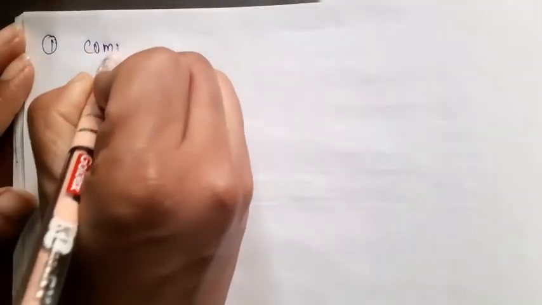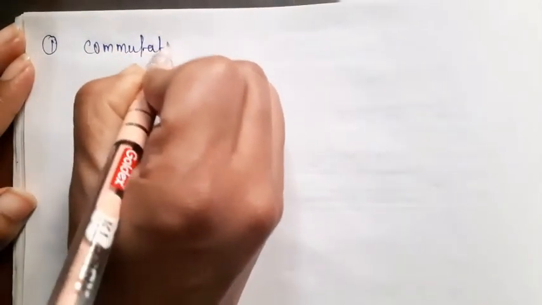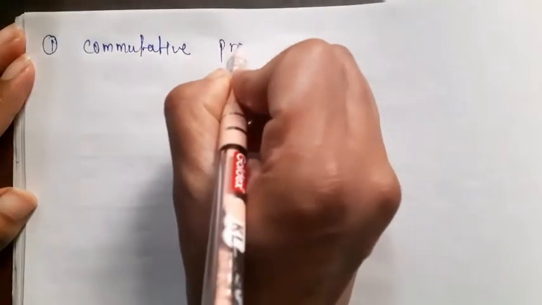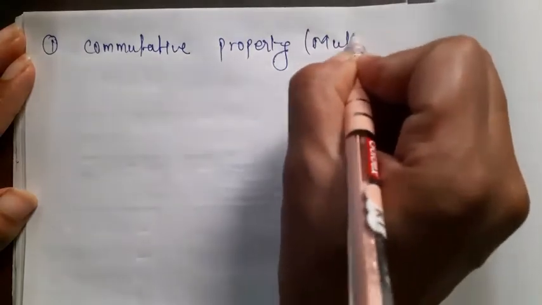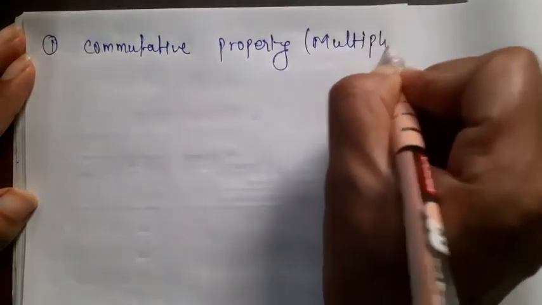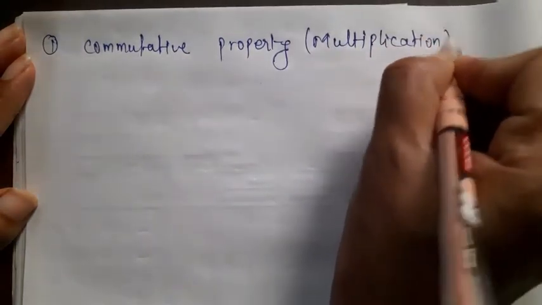Now your first property, the commutative property. This is for multiplication.